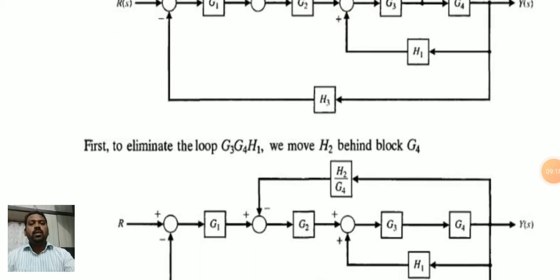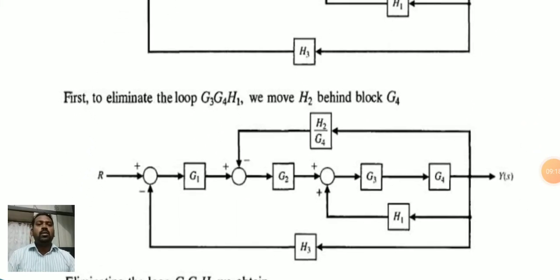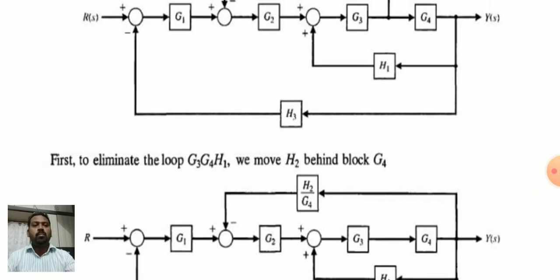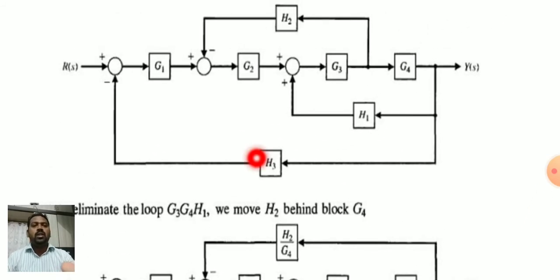First, to eliminate the loops G3, G4, G1, we move H2 behind the block G4. This takeoff point you move here.